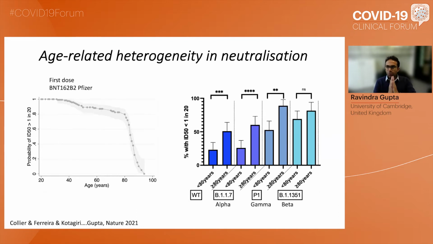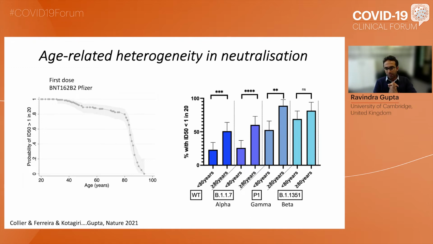And of course, data from our group later then showed that age has quite a significant impact on neutralizing responses. Here, if you look at the first dose response to Pfizer vaccine after the age of 80, you get quite a precipitous drop. This is partially rescued by the second dose, but of course, we envisage that the decay of immunity will probably be faster in that group.